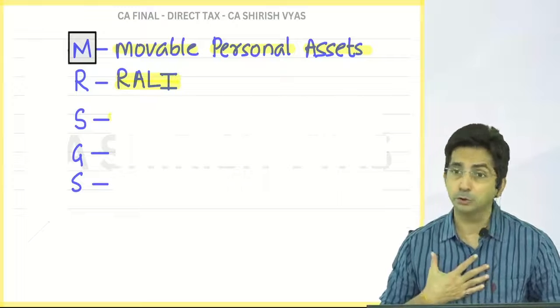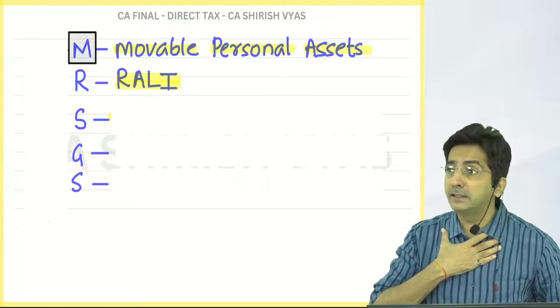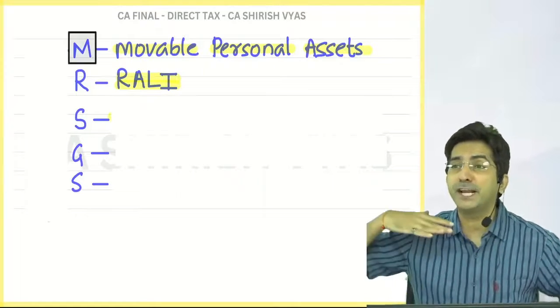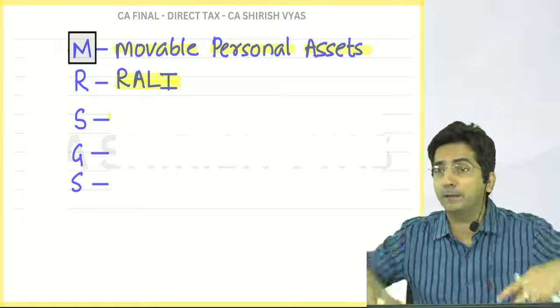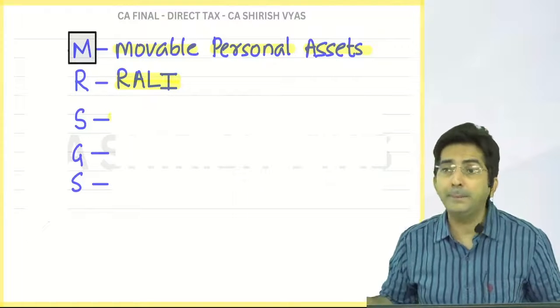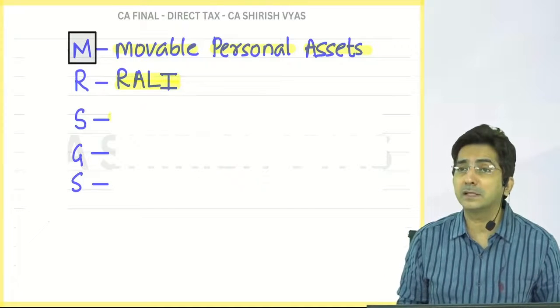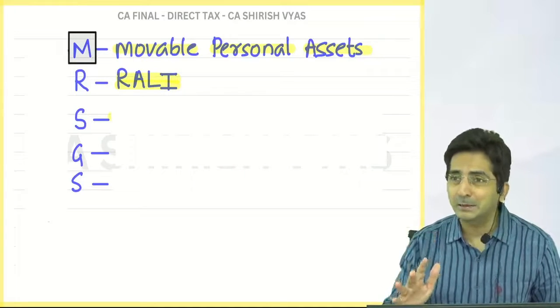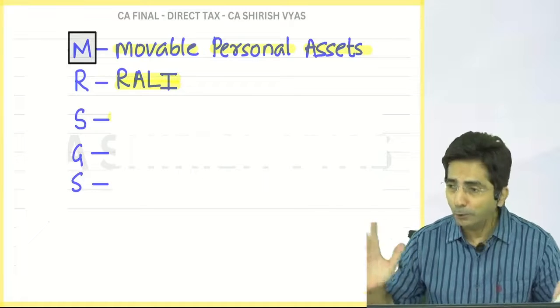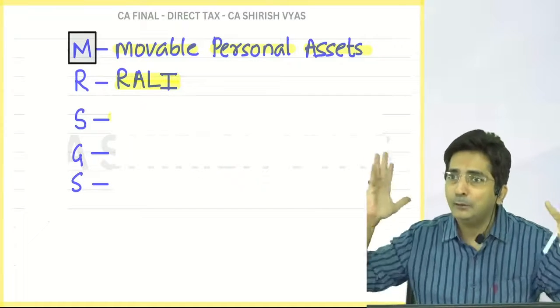If someone says, no, my agricultural land is in an urban area, in proper Chennai, in proper Hyderabad, then capital gains will come. Then people will say, but it is agriculture. It's okay, it's agriculture, but in a big city, if you have a big land, it's high value land.